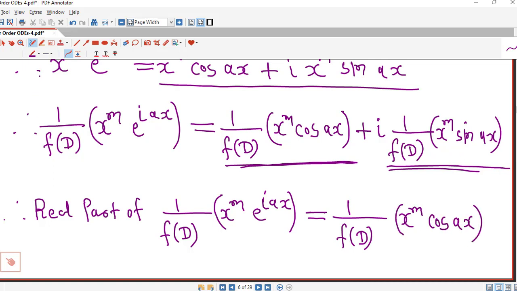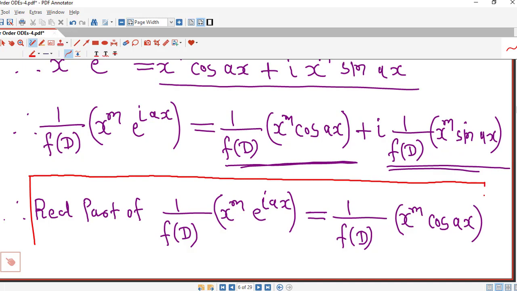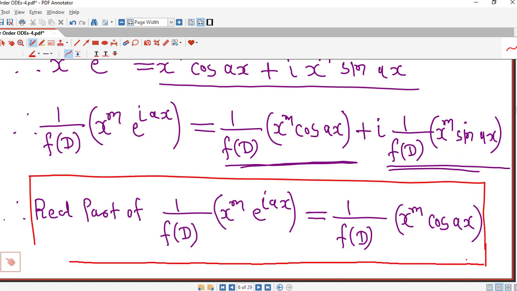So you can see we obtain the formula for the particular integral if our right hand side is x raised to m into cos ax. Whenever our right hand side is x raised to m into cos ax, the particular integral is the real part of 1 over f of D x raised to m e raised to i ax.